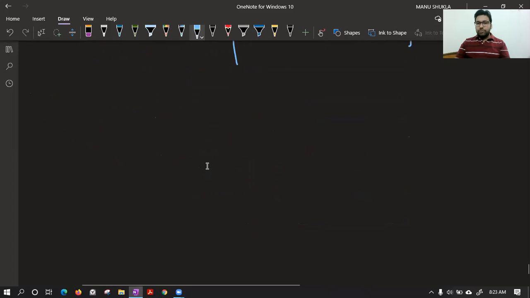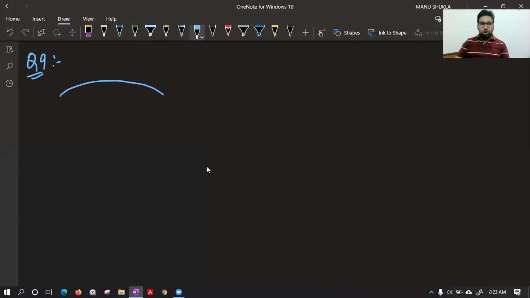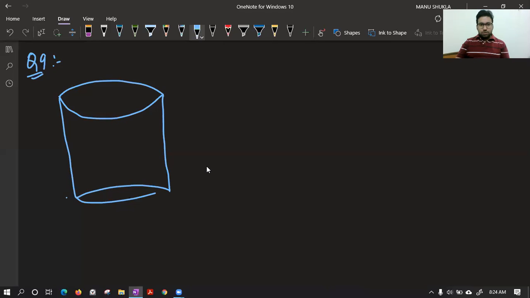Now comes the main question, question number 9, in which you have doubts. This is a little lengthy, but we will go step by step. Question number 9: find the lateral or curved surface area of a closed cylindrical petrol storage tank that is 4.2 meter in diameter and 4.5 meter high.